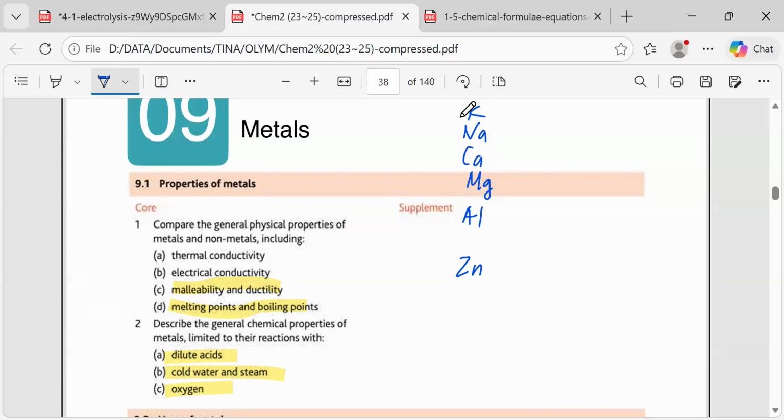It's in group one of the periodic table, but it doesn't make a difference. Okay, now potassium, sodium, calcium, magnesium, aluminium, zinc, iron, copper, silver, gold.